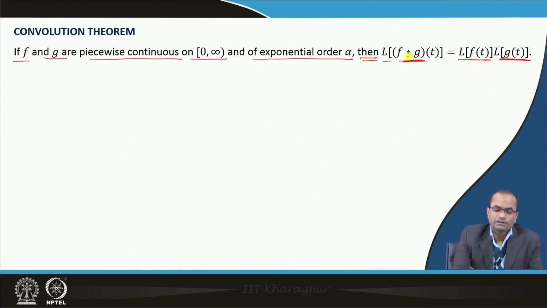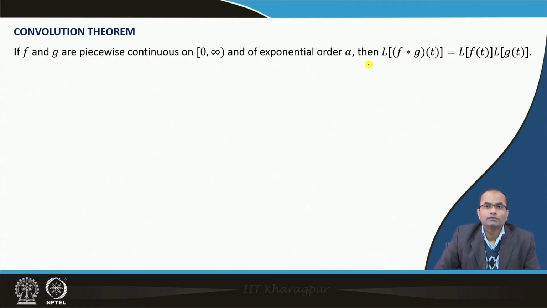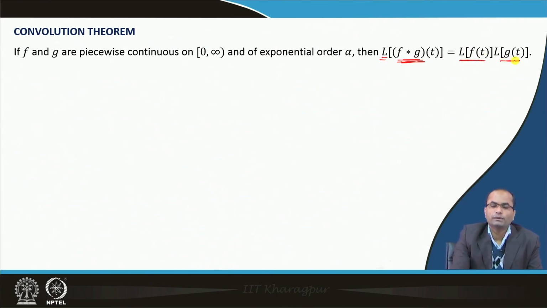So, the convolution is removed here, and that is exactly the use of this convolution theorem: when we apply the Laplace transform to this convolution integral, that becomes the Laplace of f times Laplace of g.